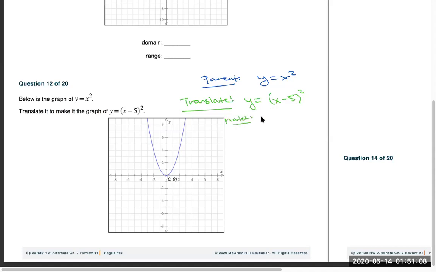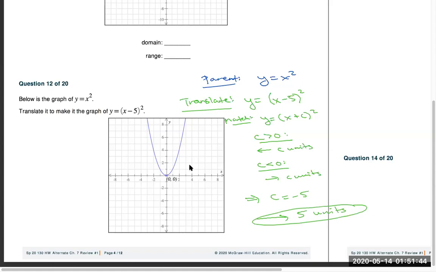Remember we had y equals x plus c squared, and if c is positive, we move left by c units. If c is negative, we move right by c units. So hopefully you're seeing from this, c is equal to -5. So we should move right by 5 units to get our translation.